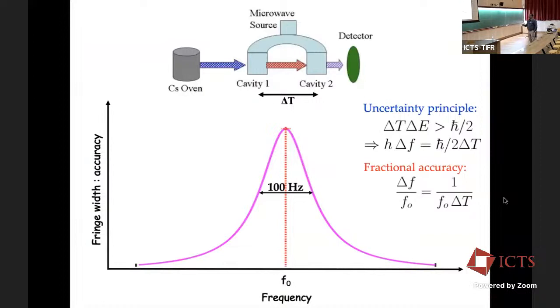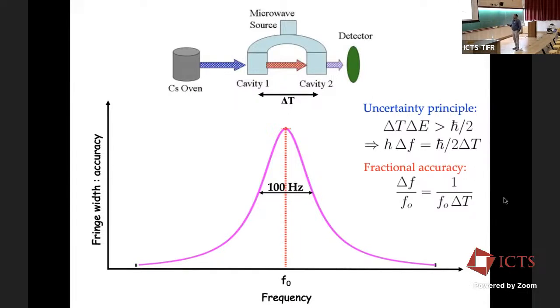You understood that there are two interaction zones, and in between it's freely moving particles. If I use just the simple uncertainty principle, delta t times delta E is greater than or equal to h bar by 2, where delta t is the flying time in the non-interacting zone, and delta E is the energy uncertainty.